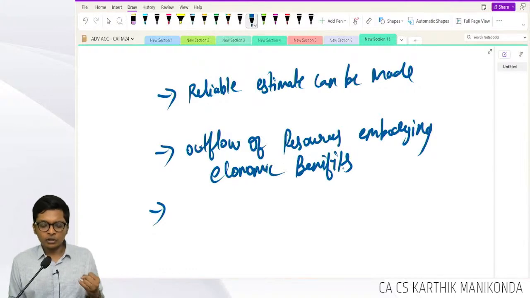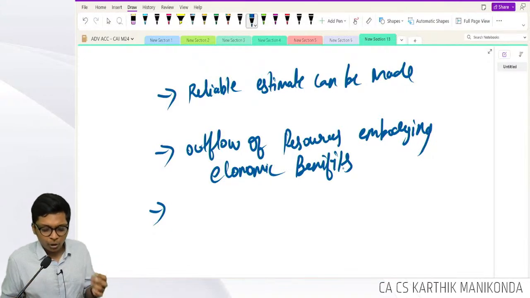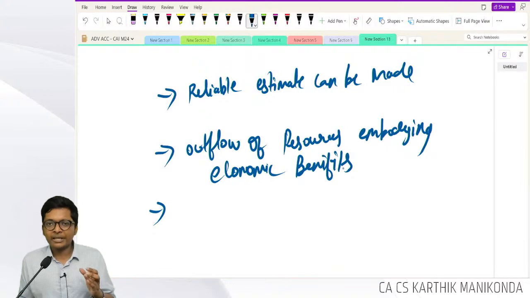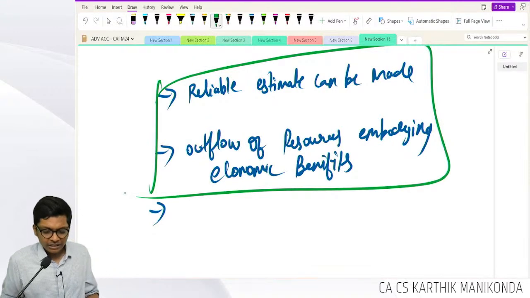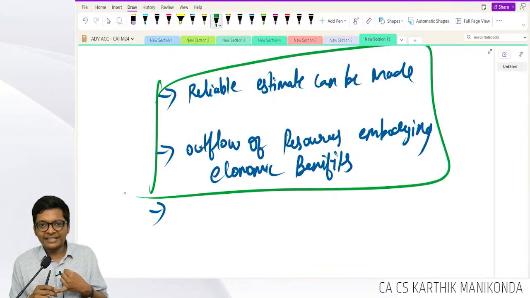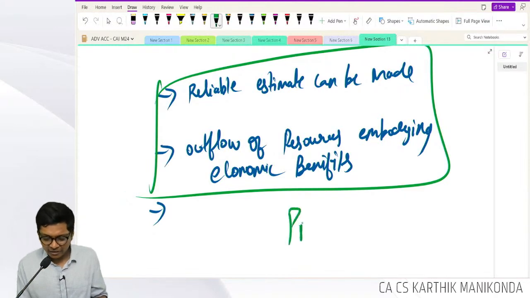So basically we're focusing on provision is an estimate where reliable estimate can be made. There is going to be outflow of resources embodying economic benefits. If these two are satisfied, yes sir, there is reliable estimate can be made, there is outflow of resources embodying economic benefits, then I will make a provision.